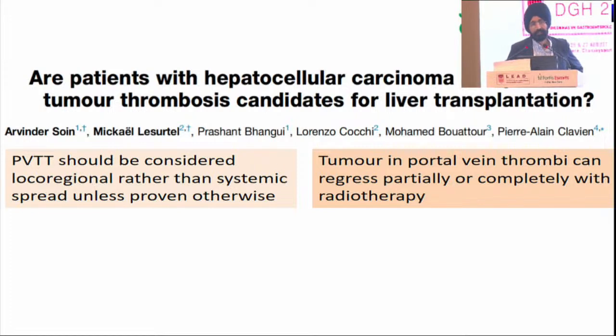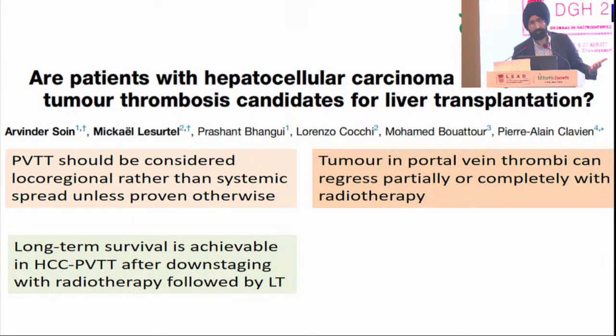One is that PVTT should be considered loco-regional rather than systemic spread unless proven otherwise, rather than the other way around. Then we have known for the last 15 years that radiotherapy of various types can cause the tumor in these PVTTs to regress completely or partially.